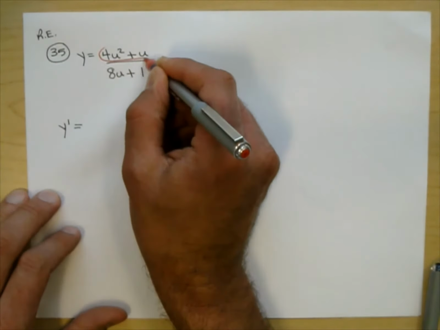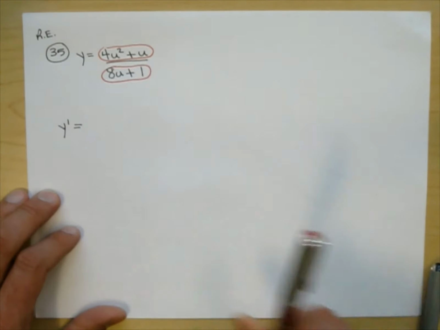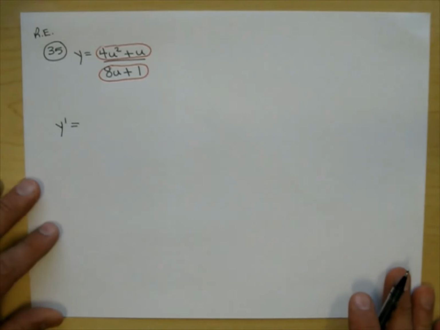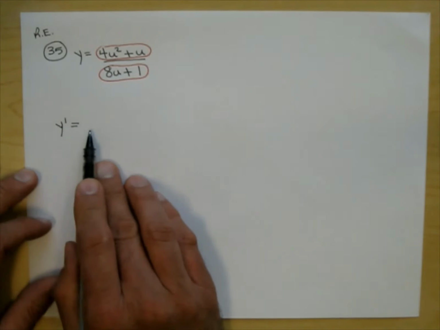Here's the top. Here's the bottom. Okay, so we'll talk this one through. Well, first of all, hopefully you'll be pausing the video and trying to do these on your own. Okay, derivative of the top.